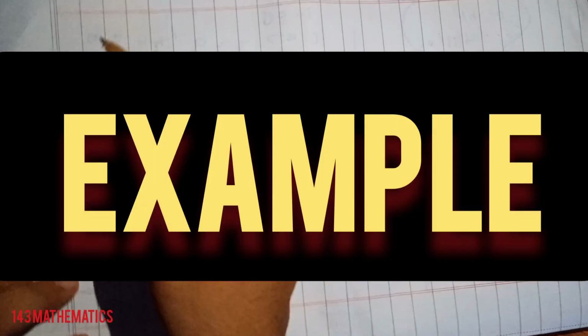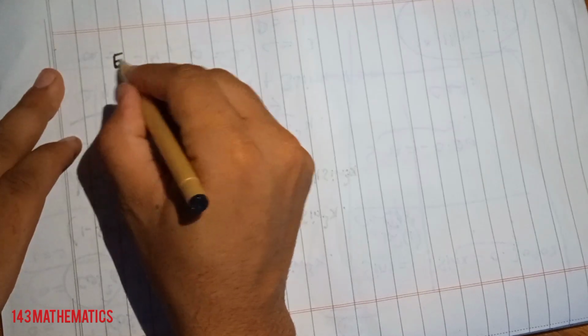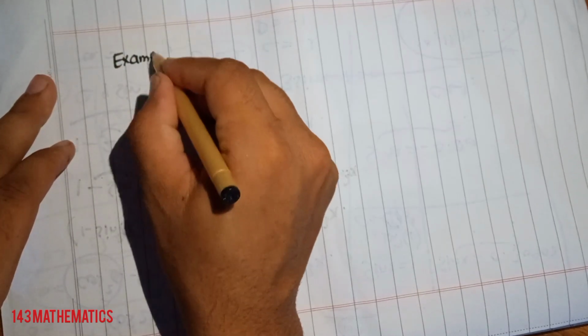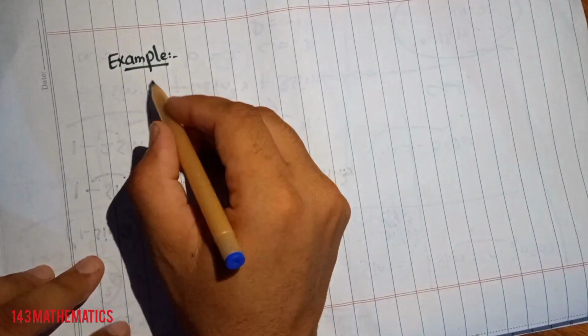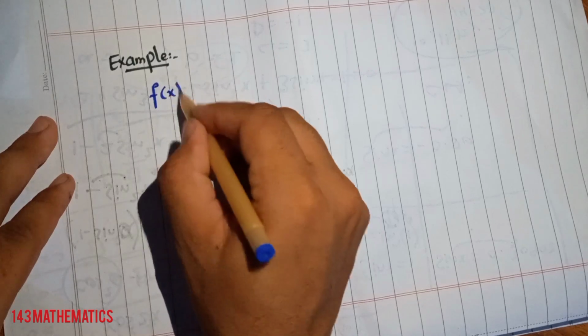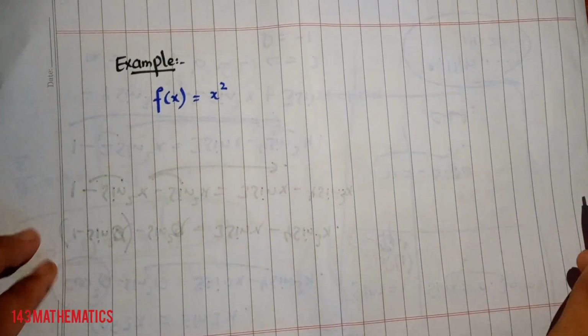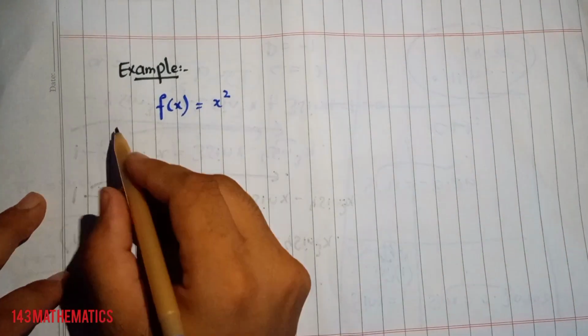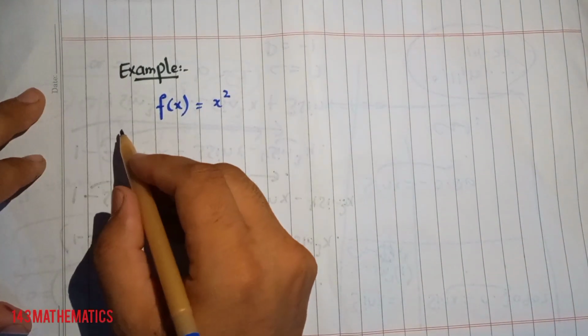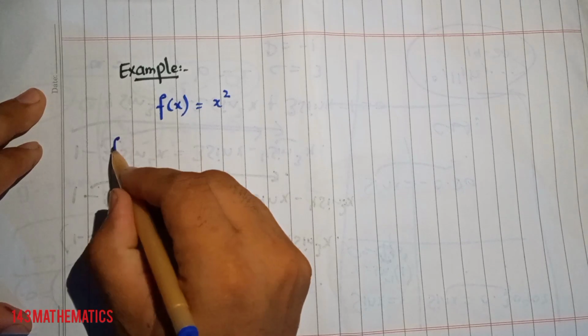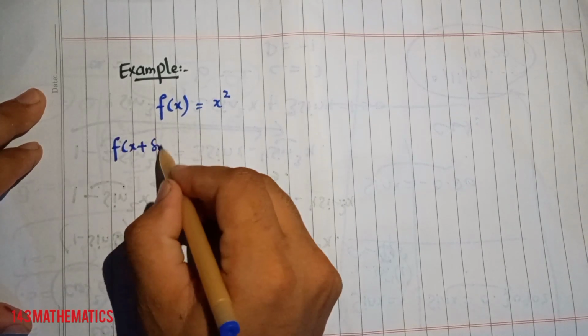So there is an example. If f of x is equal to x square, how to find the derivative of this function? First of all we will write it as f of x plus del x.